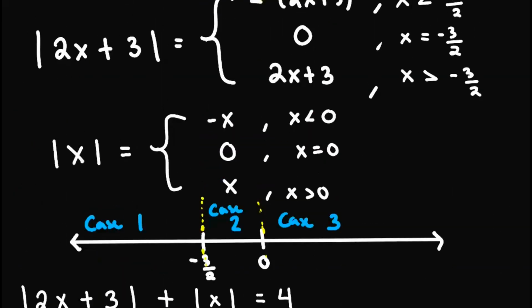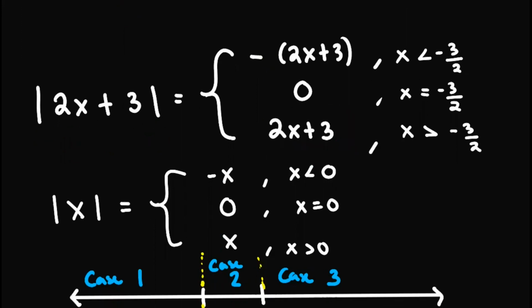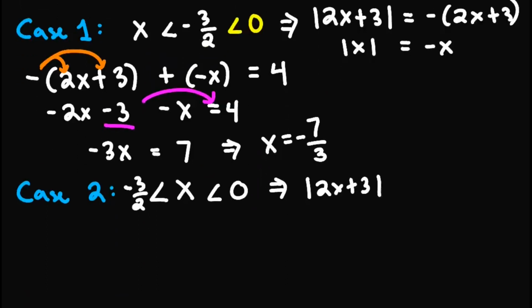So the absolute value of 2x plus 3 will become 2x plus 3, and for the absolute value of x, since it is still less than 0, just similar to the first case, this will become -x.